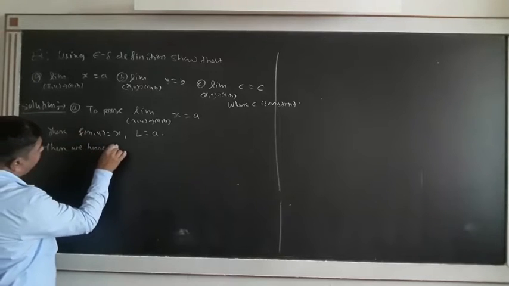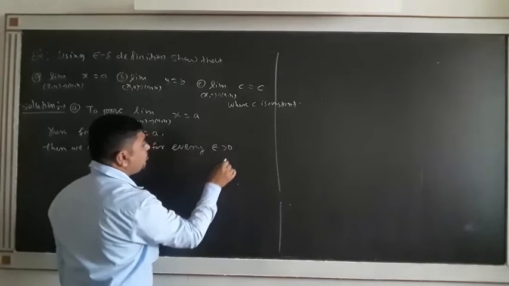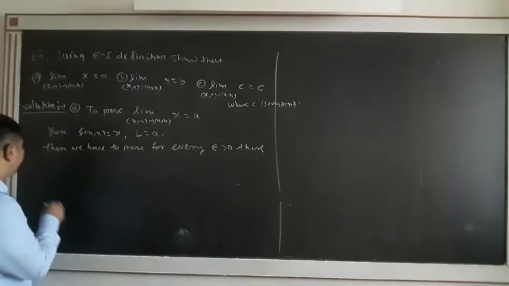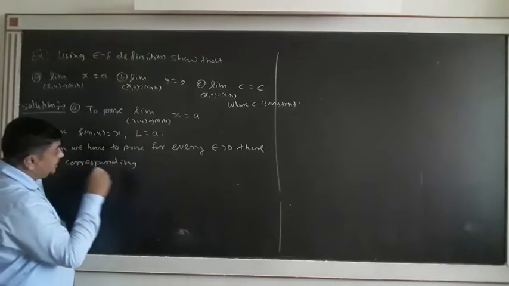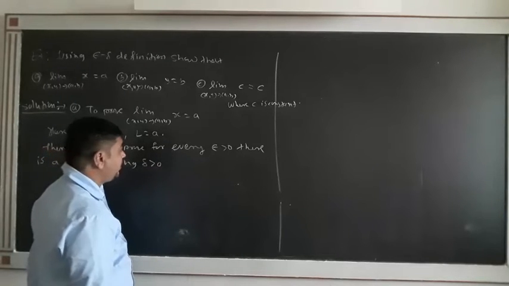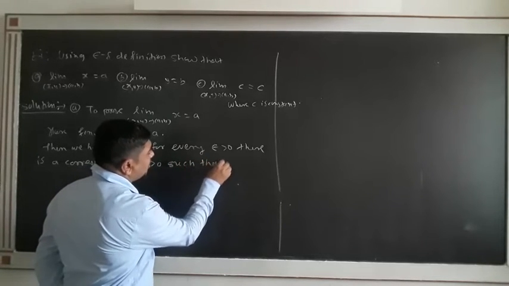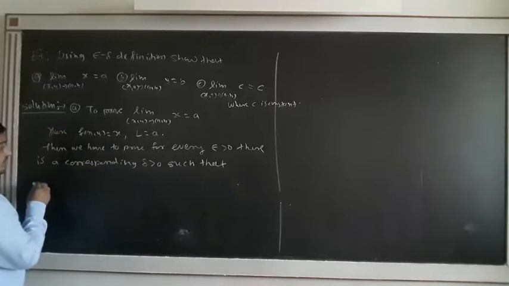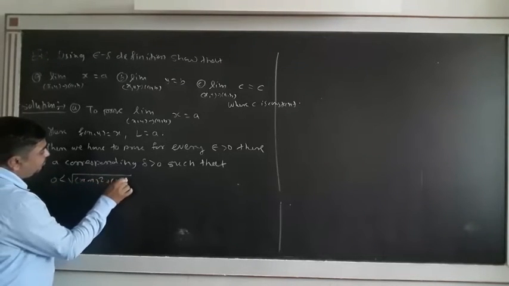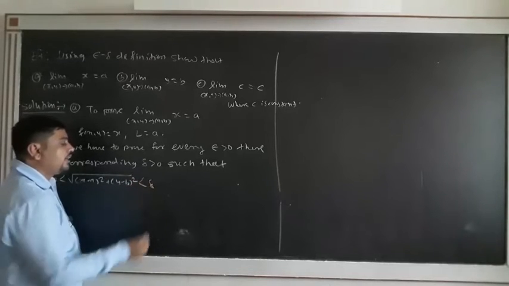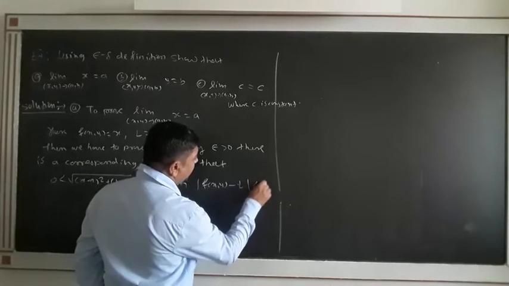We have to prove that for every epsilon greater than 0 there is a corresponding delta greater than 0 such that if 0 is less than the square root of (x minus a) squared plus (y minus b) squared, which is less than delta, then mod of f of x, y minus L is less than epsilon.